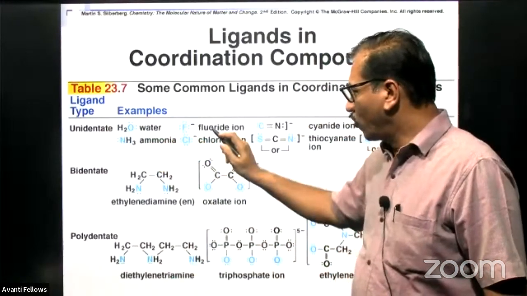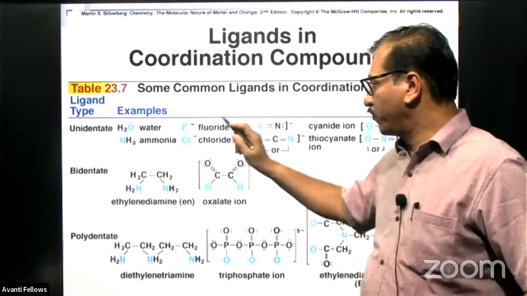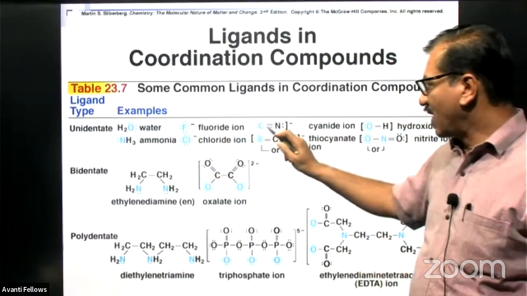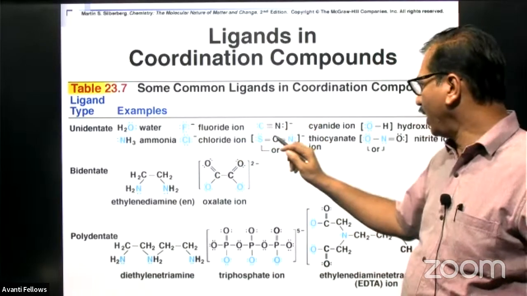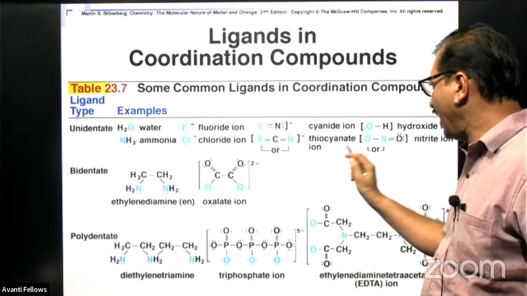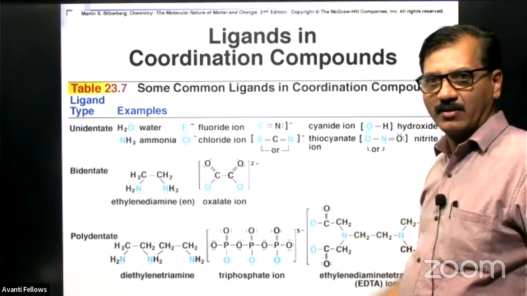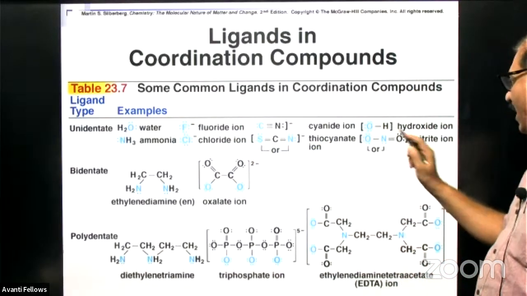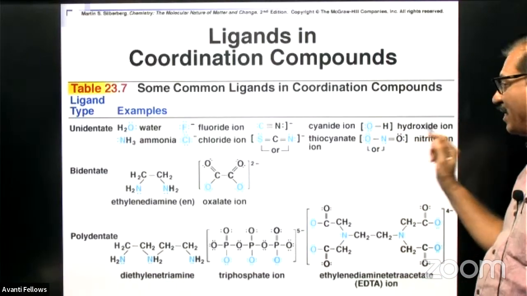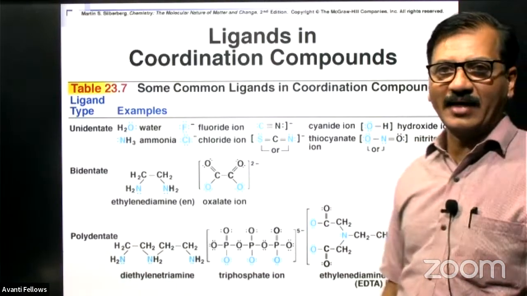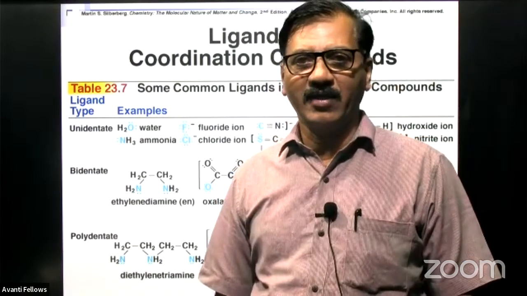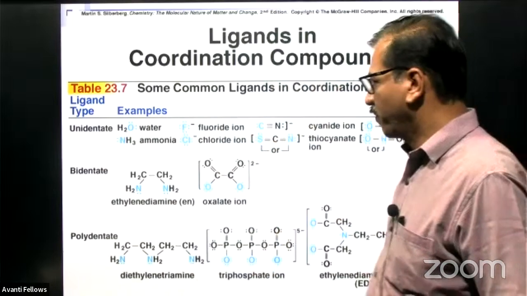NH3, fluoride ion, chloride ion, negatively charged. Cyanide ion, thiocyanate ion, SCN. These are monodentate ligands, unidentate ligands. Hydroxide ion or nitrite ion. These are all negatively charged species acting as monodentate ligands.